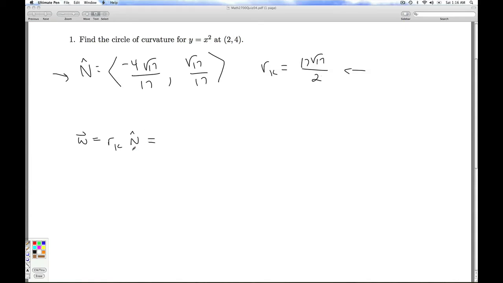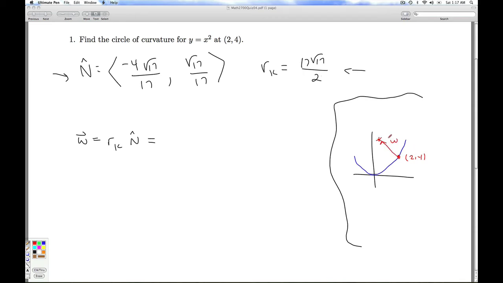And what w is going to be is, let's draw the schematic here before I get too carried away, to remind us of the plan. Well, you know what I mean there. So here's the point 2 comma 4, and the center of curvature is out here somewhere.